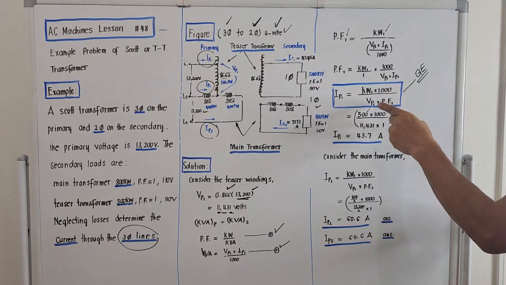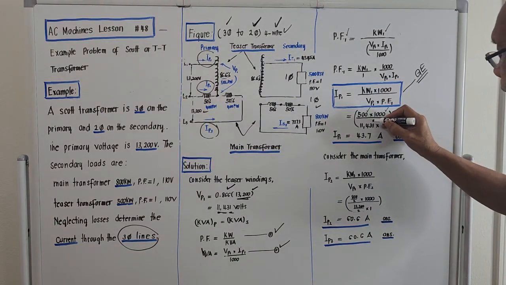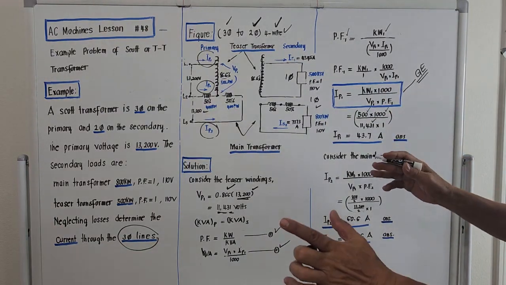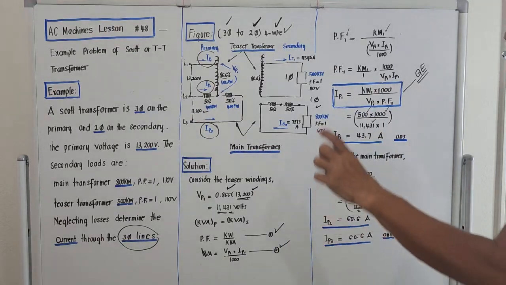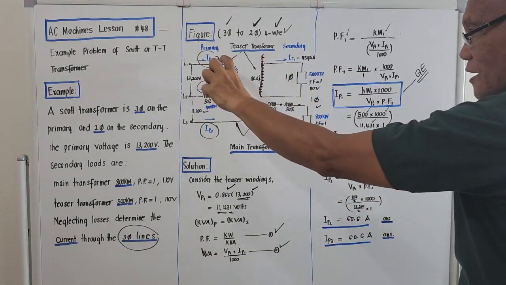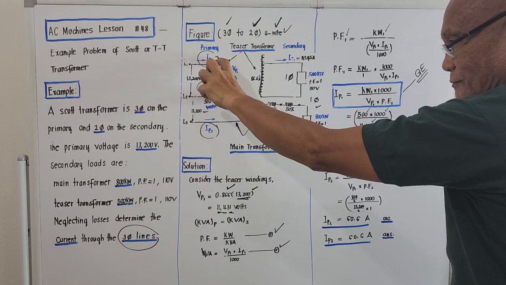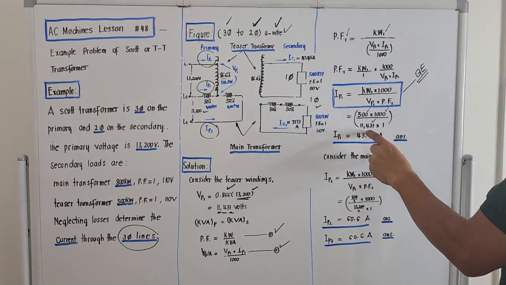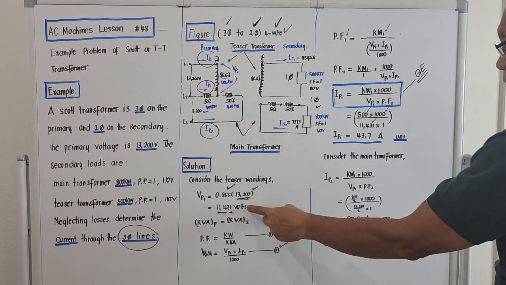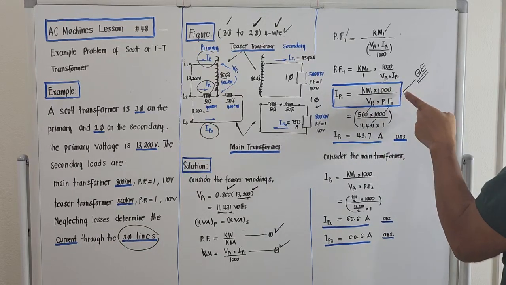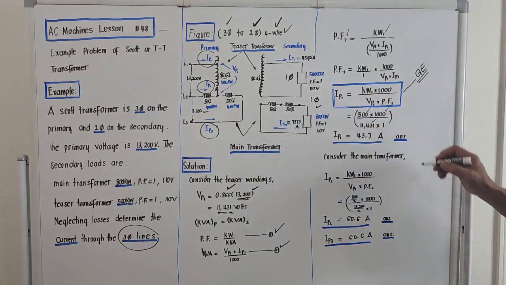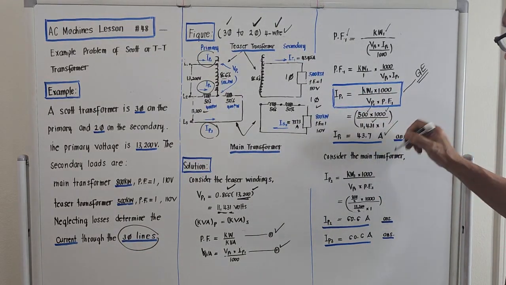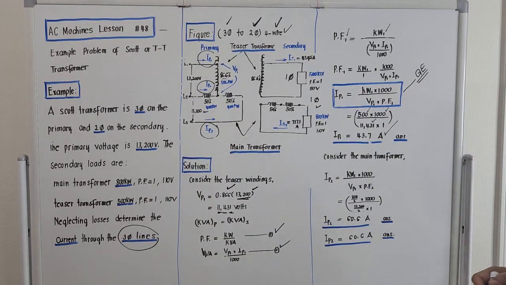So what goes under BP1 will be 11,431. It is not the 13,200 because the tapping on the teaser is only up to 86.6%. So this is 11,431, multiplied by 1, the power factor is 1, and what will come out for the primary current is 43.7 amperes.